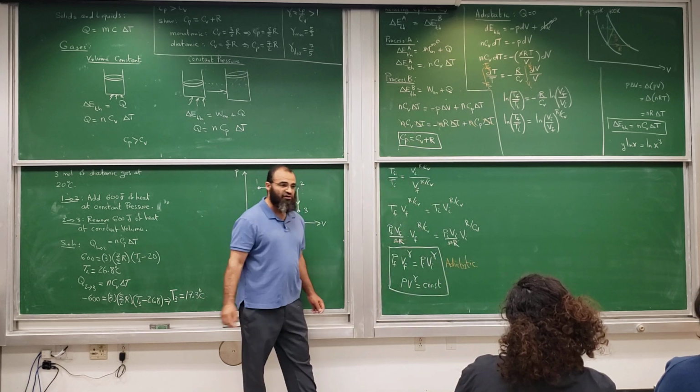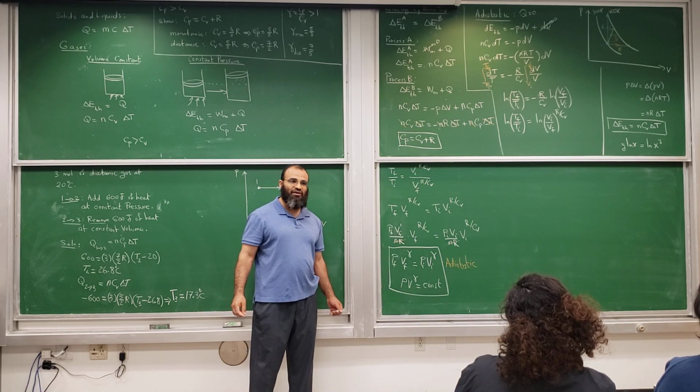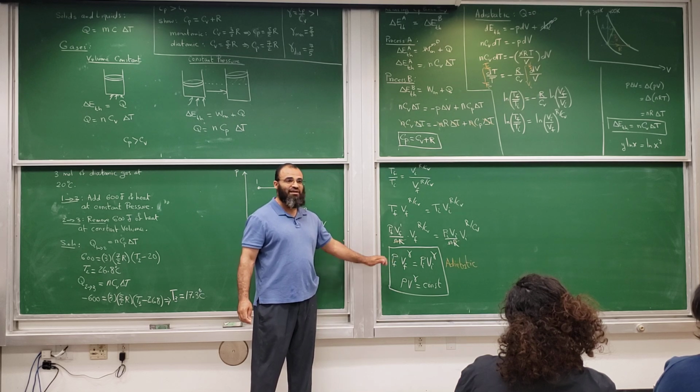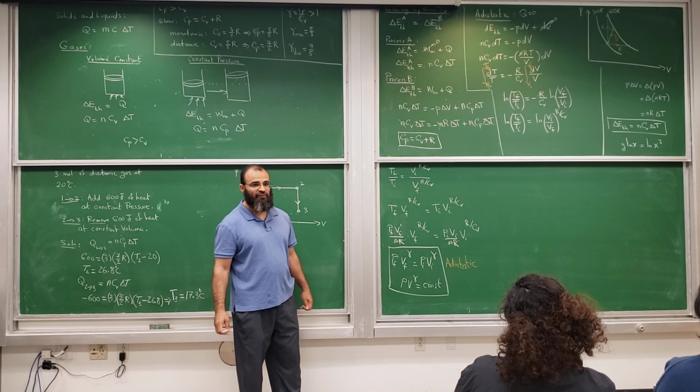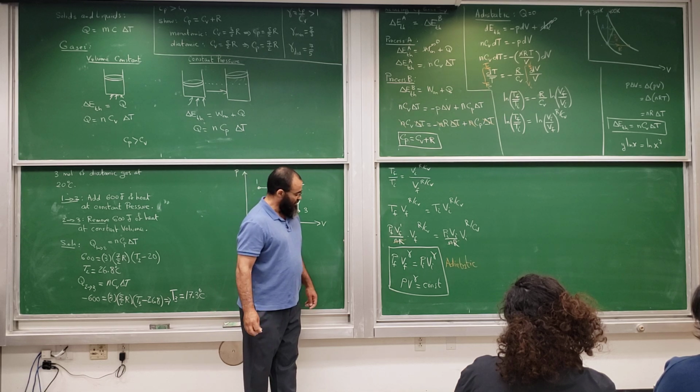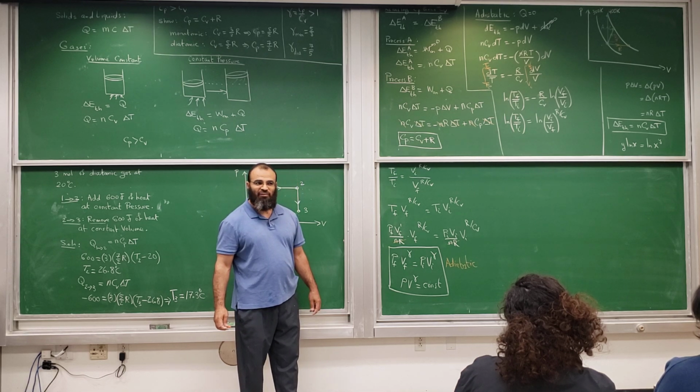You cannot use it for isothermal, you cannot use it for isochoric, you can only use it for adiabatic. This one is specifically for this adiabatic process. Before I proceed, we'll do an example.